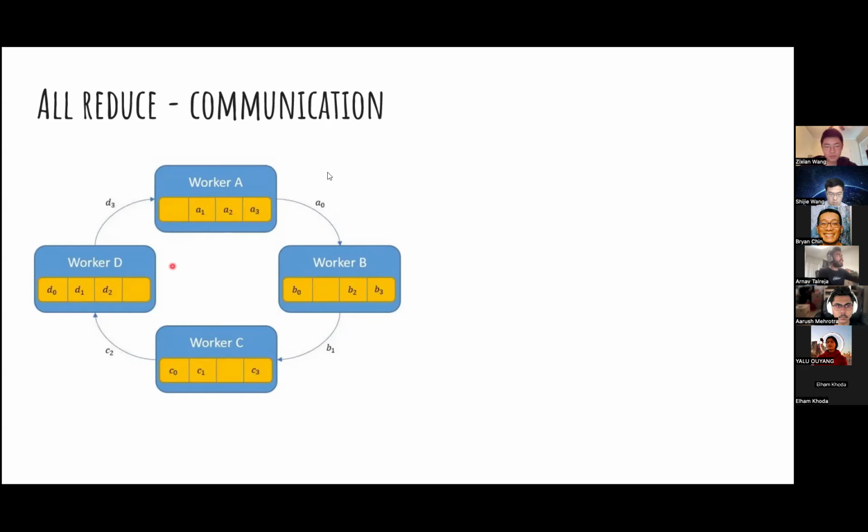Now all the workers, oh yeah, Zishan, please go ahead. How often do we do this operation? We need to do two all reduce cycles for tensor parallelism, two all reduce cycles per layer per batch. So after every layer in tensor parallelism, for every forward pass, we need to do two all reduces, and for every backward pass, we need to do two all reduces.